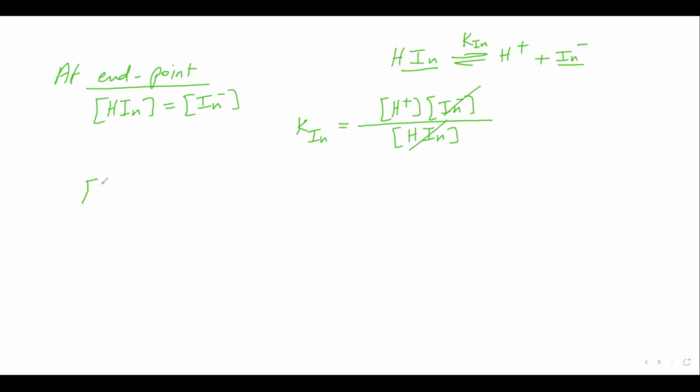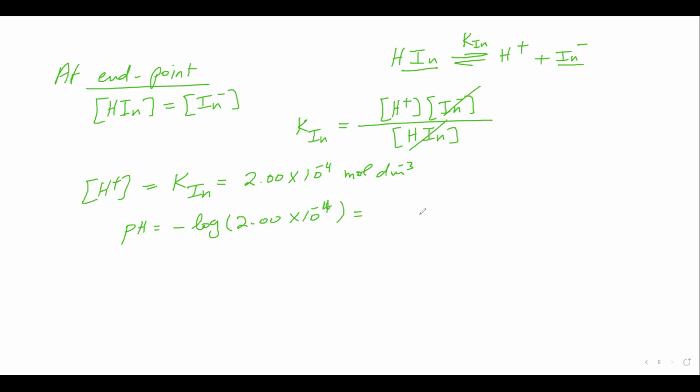So the hydrogen ion concentration is equal to the equilibrium constant of the indicator, which has a value of, of course, it is given, 2 × 10⁻⁴ mole per decimeter cube. And so from here, the pH, which is equal to minus log 2 × 10⁻⁴, is equal to 3.7.